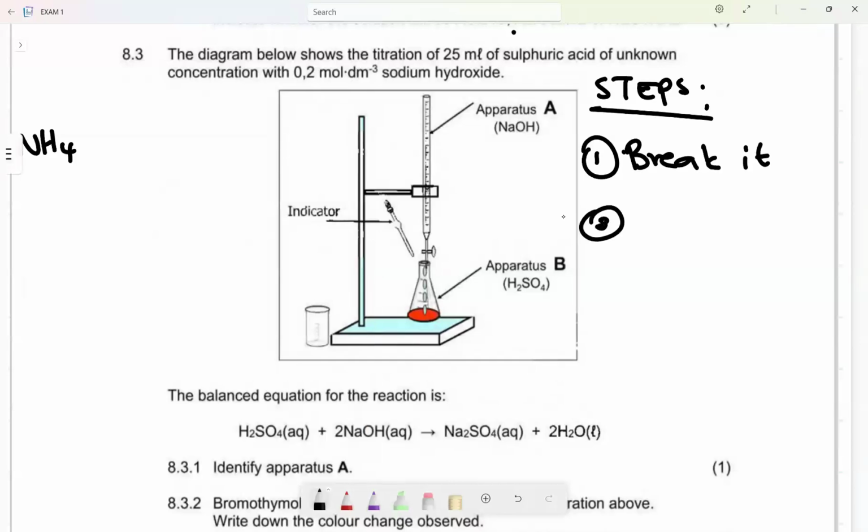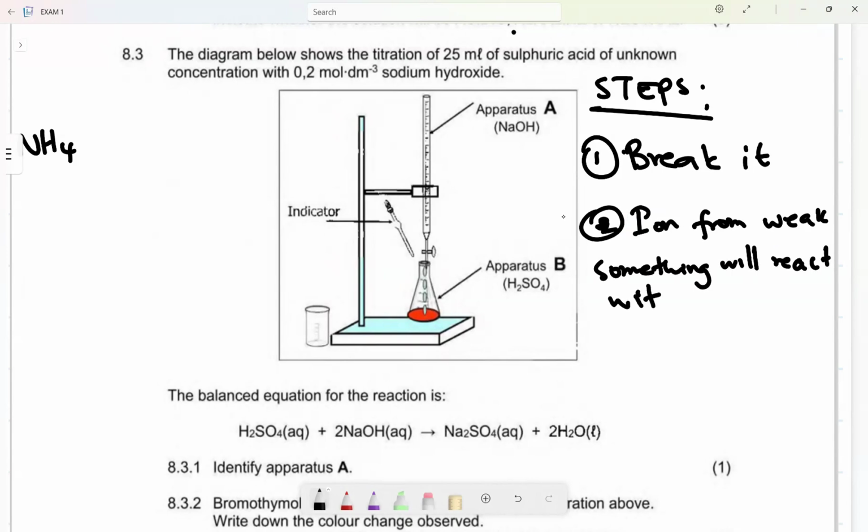Then number two, the ion from the weak something will react with water.